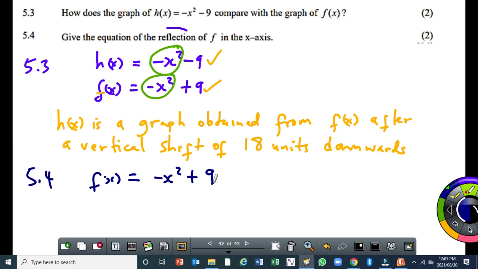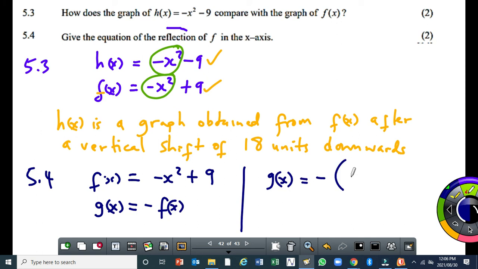So if we reflect this graph, we get a new graph. I'm going to call it g of x. That new graph, g of x, is going to be equal to minus f of x. Which means g of x is going to be equal to minus of minus x squared plus 9.